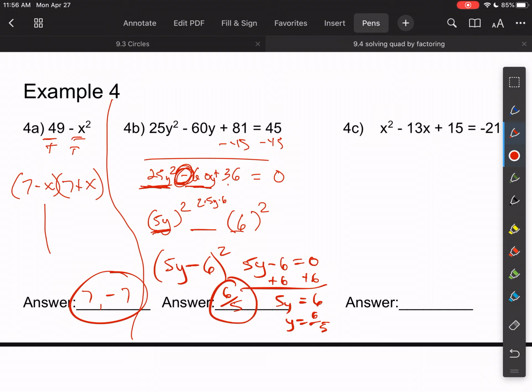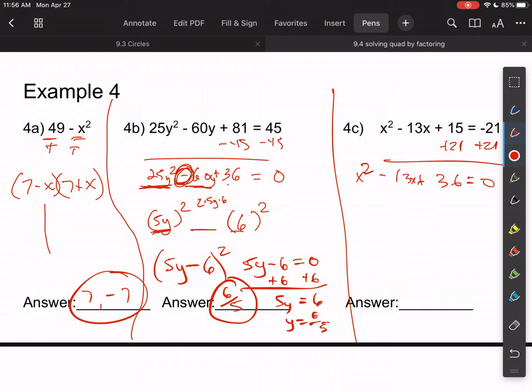All right, so for 4c, kind of similar, but we're going to just do regular factoring here, I think. So we're going to add 21 to both sides. We get 0 here, we get 36 here, negative 13x, x squared. So what 2 things multiply to give me 36, add to give me negative 13? Let's look at our factors of 36. 1 and 36 doesn't work. 2 goes into 36, what is that, 18 times?